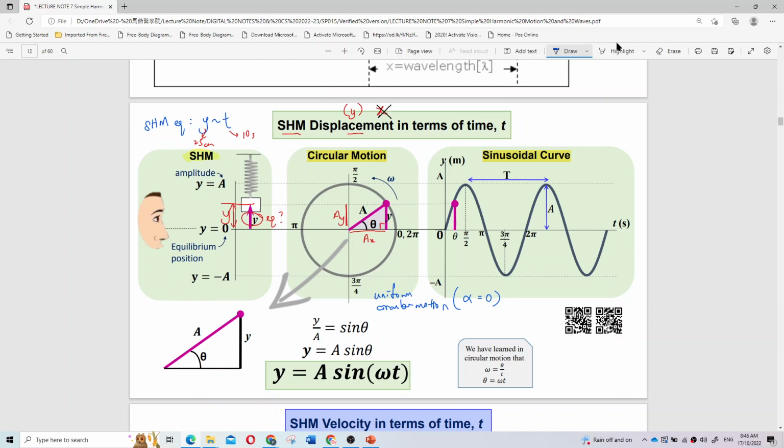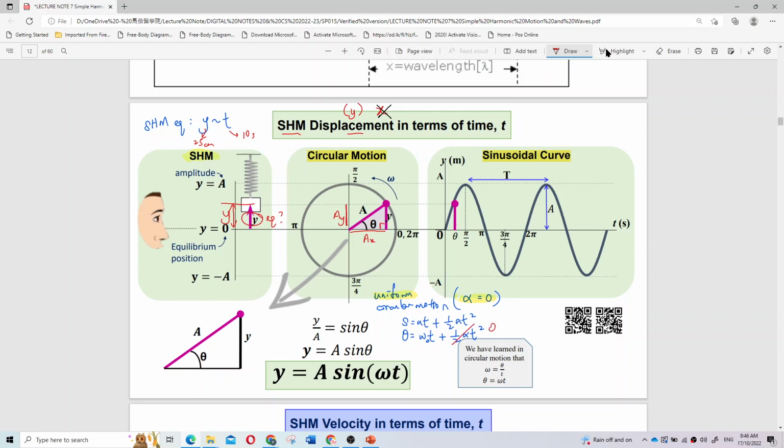We have talked about velocity, v equals u plus at, and the formula s equals ut plus half at squared. If in circular motion we translate it, s is theta, u is omega naught, and a is alpha. Uniform circular motion has no acceleration. So is there any alpha?